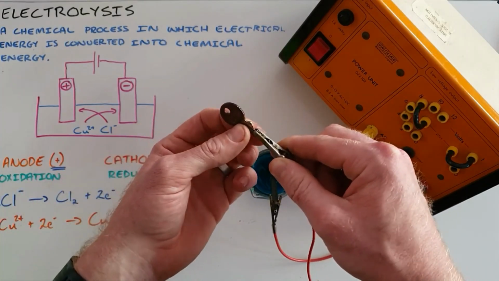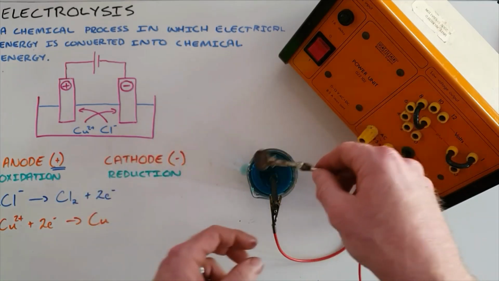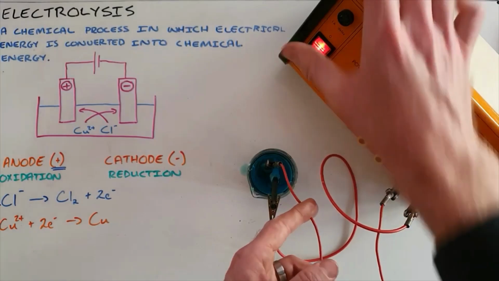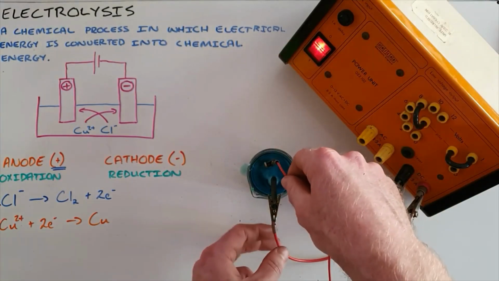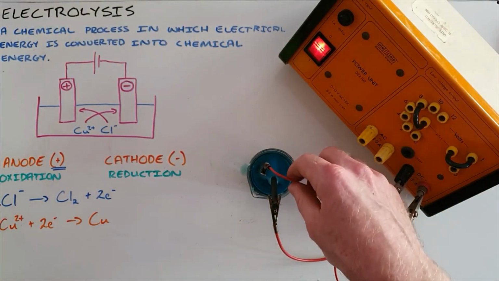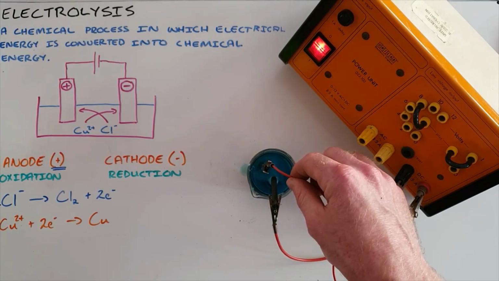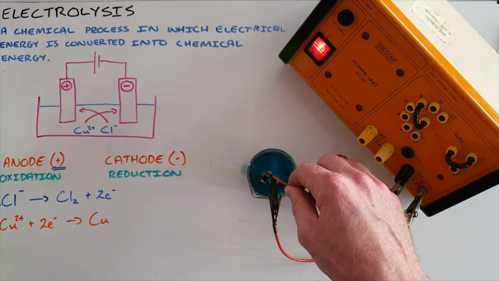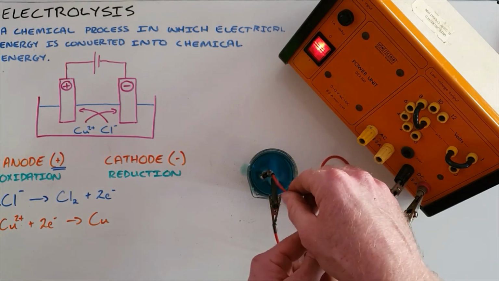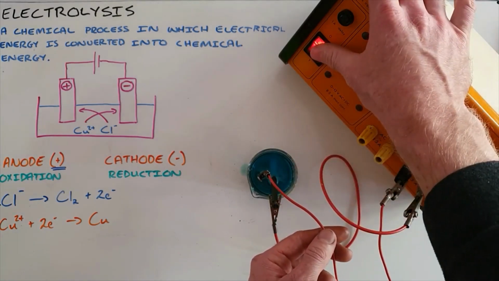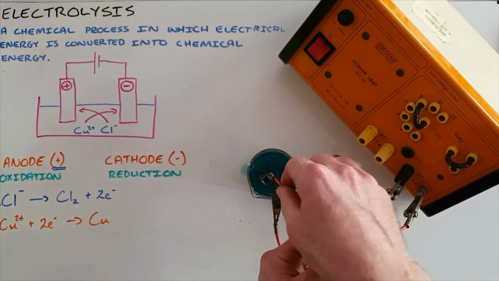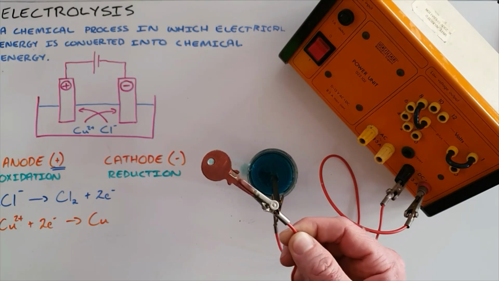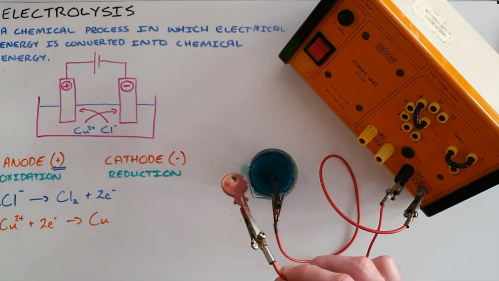Here I have a key, and once again what we are going to see happening here is the electrons being forced away from the chlorine electrode and towards this electrode that has the key on it, and at that electrode they undergo reduction, and we'll find a thin copper coating on this electrode. You can see that here, that this key has now been coated with a thin layer of copper.